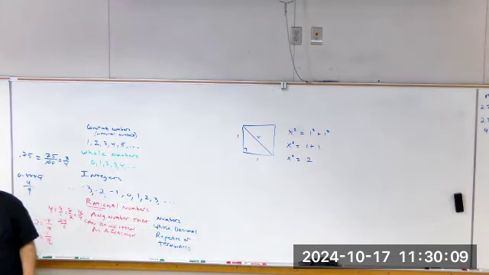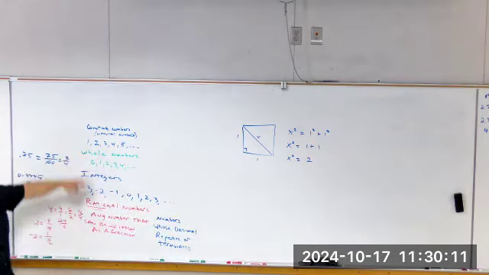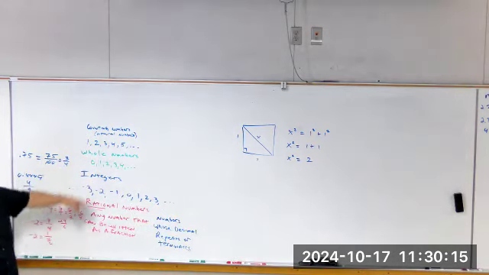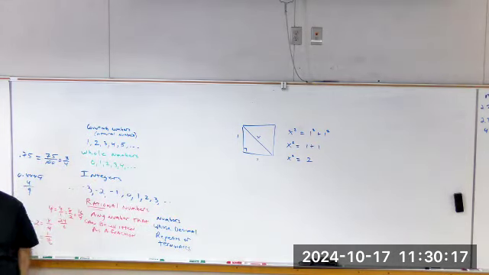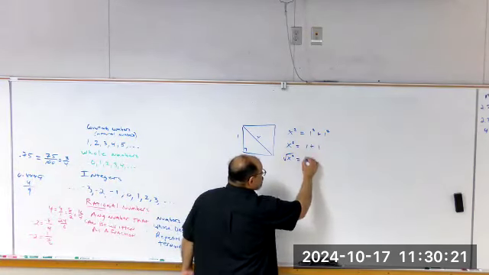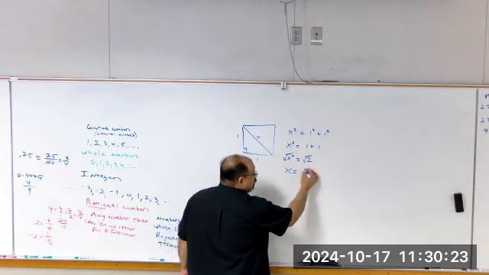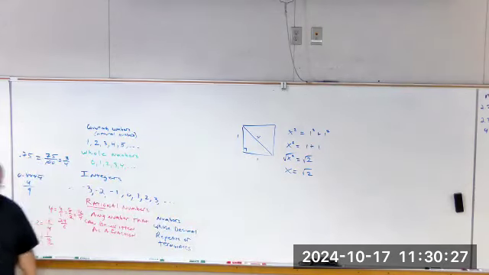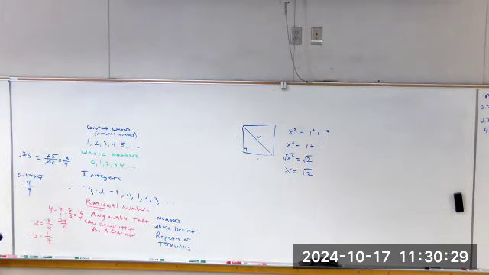Square a number and get exactly 2 has no answer in all of these numbers. So if it doesn't exist here, it has to exist somewhere. Pythagoras knew the answer was square root 2, in whatever notation they used in 300 BC Greece.